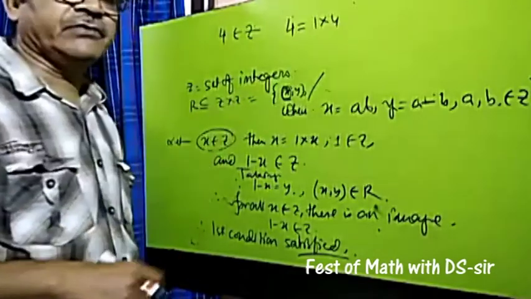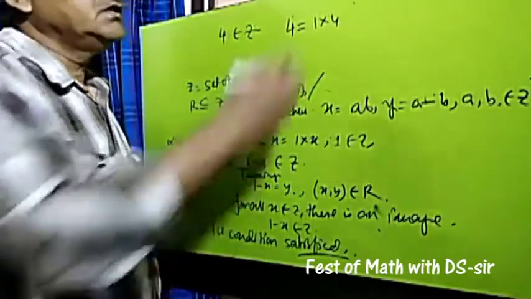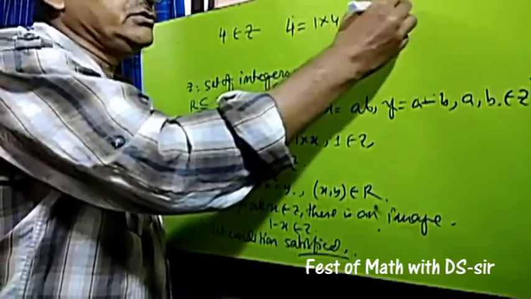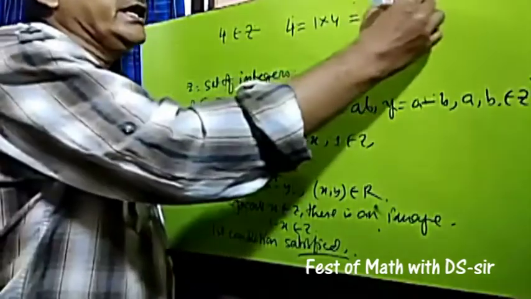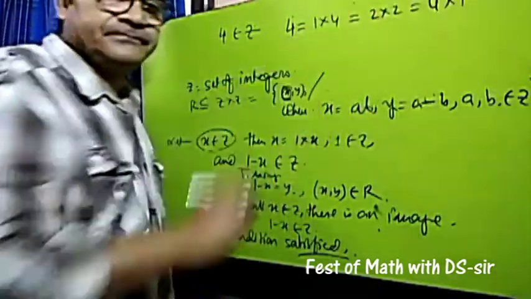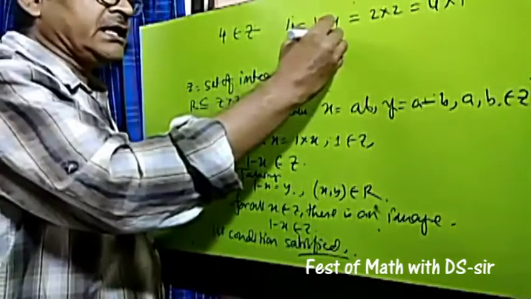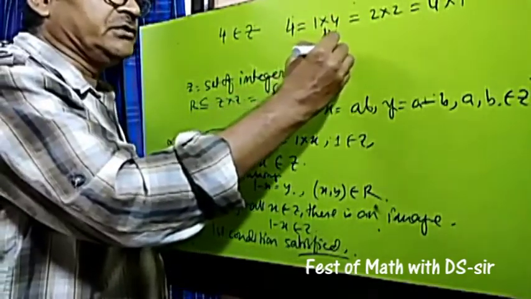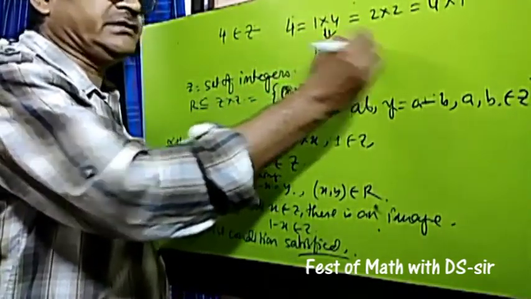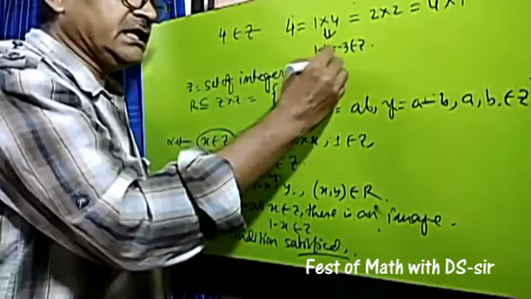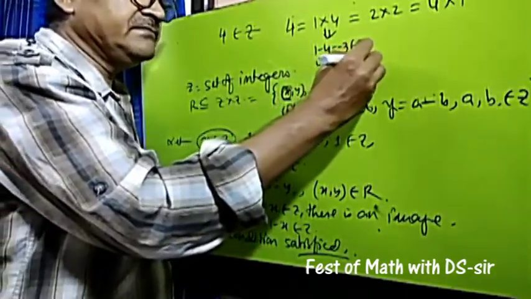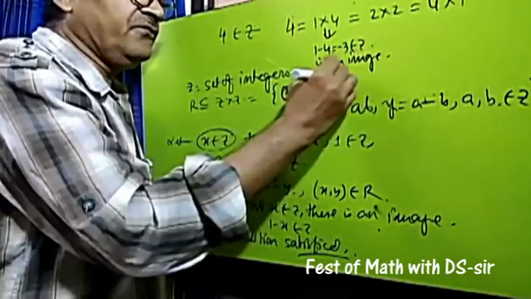We can write it as 2 into 2. We can write it as 4 into 1. In the first case, 1 minus 4 equal to minus 3 belongs to Z, and is an image of 4.